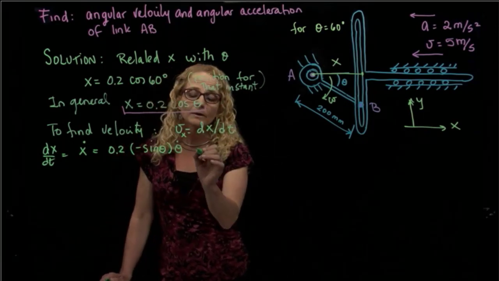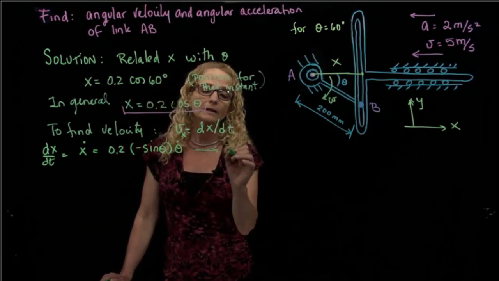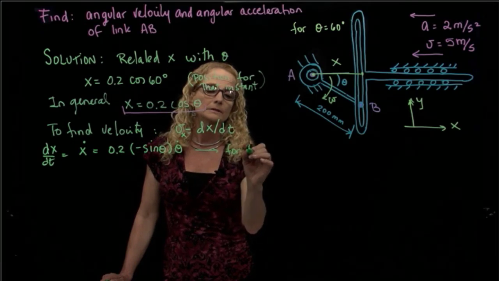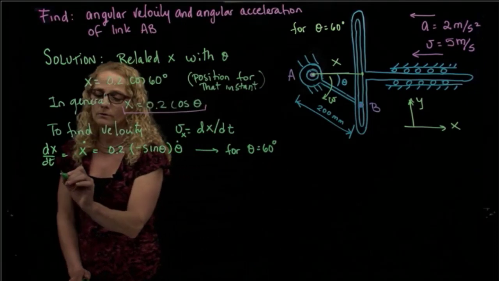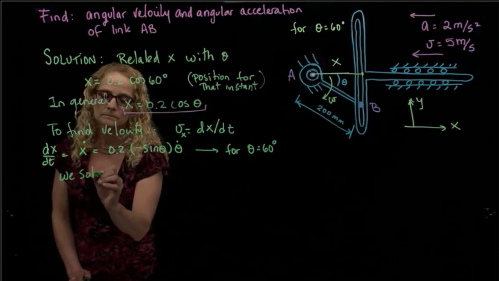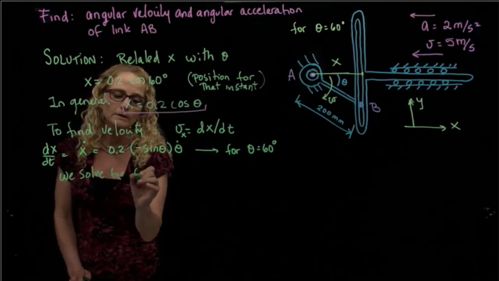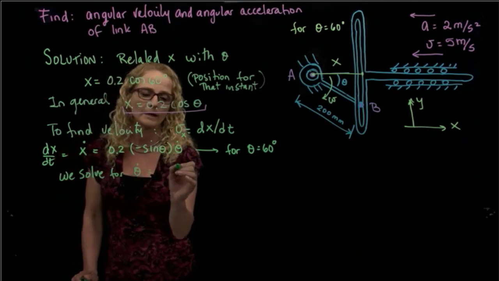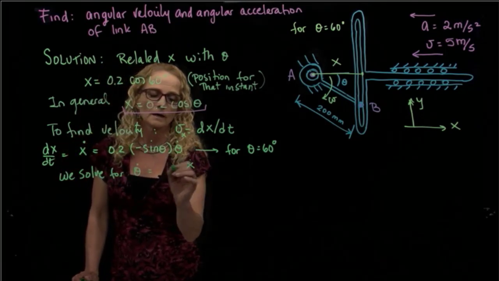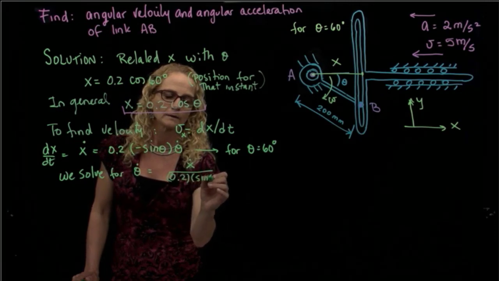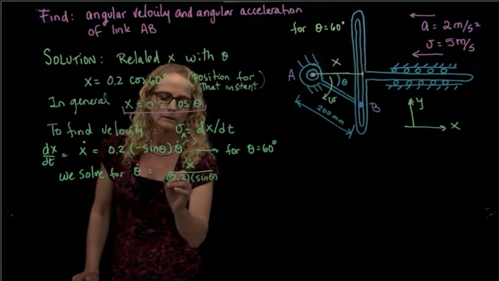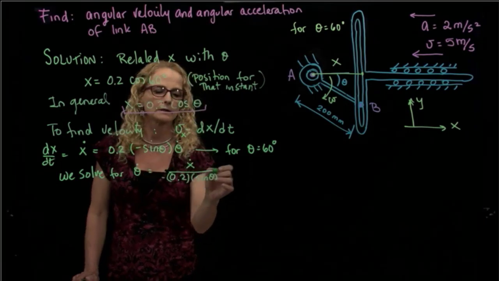So for theta equals 60 degrees, we solve for theta dot, and we have x dot over 0.2 times negative sine theta. Don't forget the negative sign.